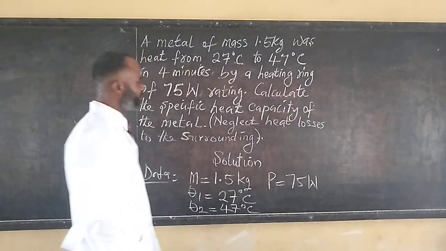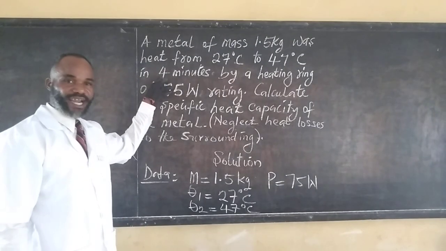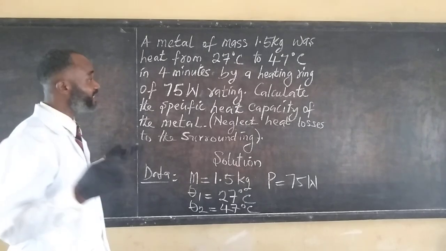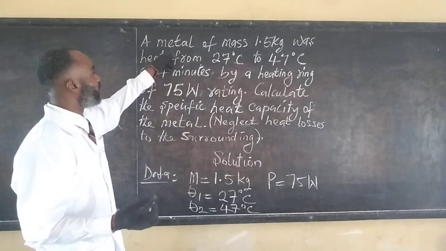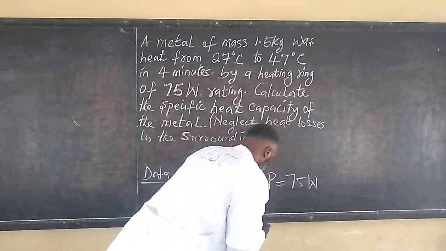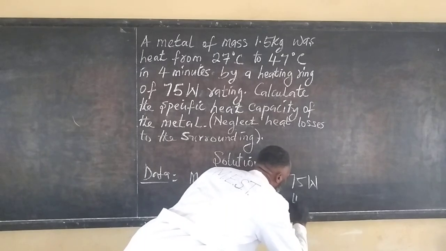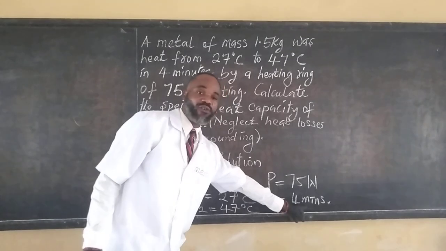So what next? Time. Some amount of time was taken in the process of heating. T is very simple. We have T is equal to 4 minutes. There must be a conversion here, right?